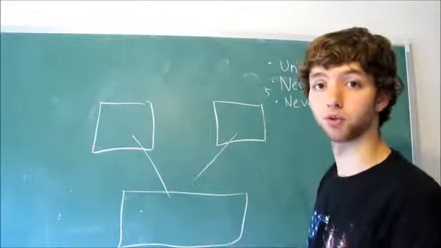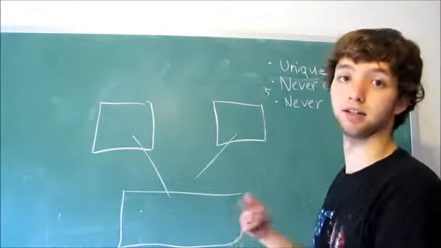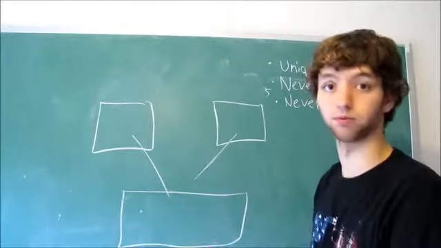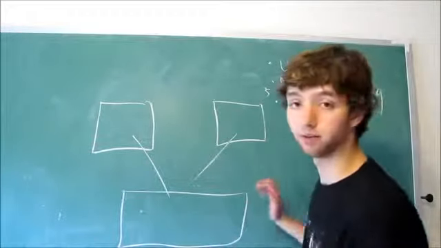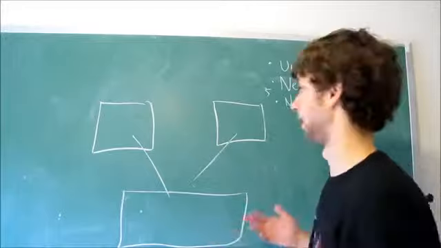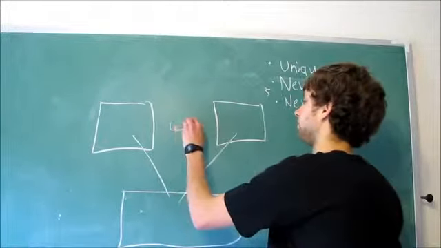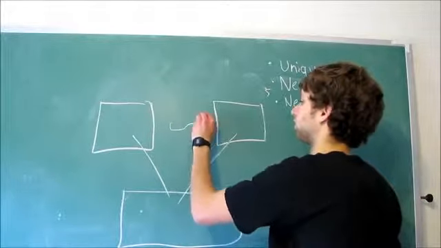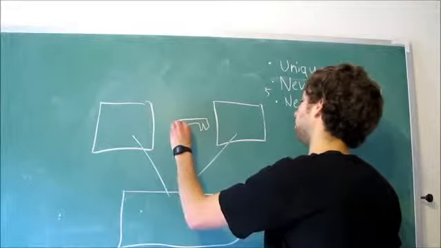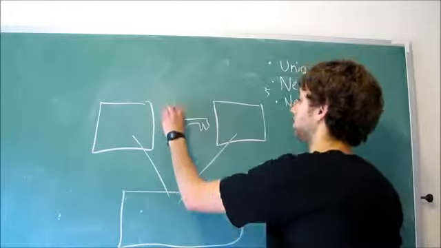And how does it know how to join them? It uses the key. So if we have a primary key, and let's say we used username, the key is username.